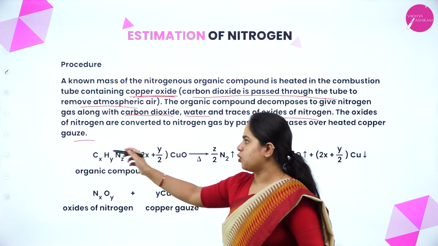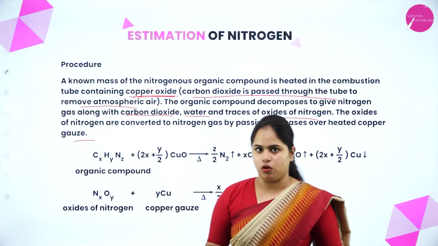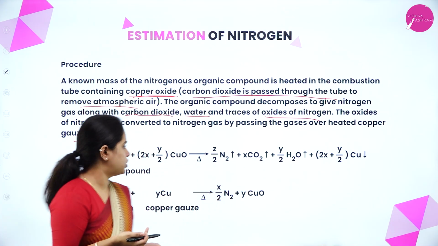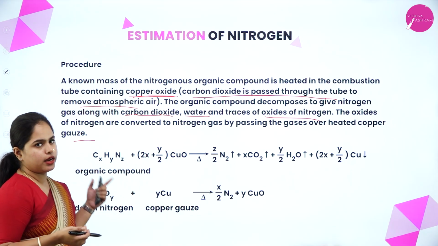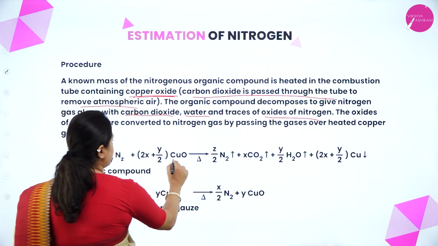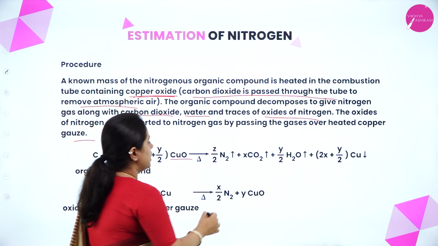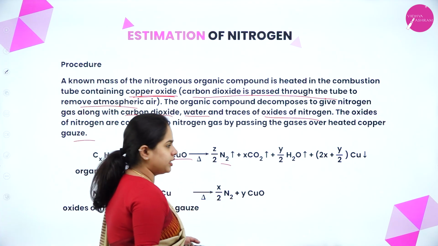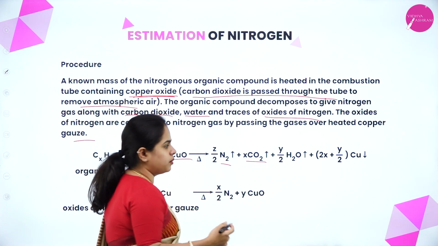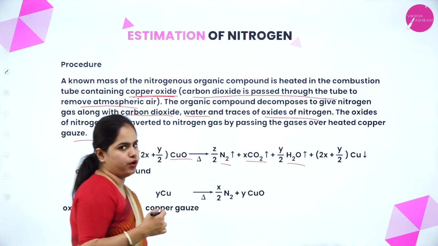They will be passed over heated copper gauze, and you will get the nitrogen. As you can see here, this is the organic compound taken here, and it is made to react with copper oxide. The nitrogen gas will be produced from the nitrogen, carbon dioxide from the carbon, and water is also produced.